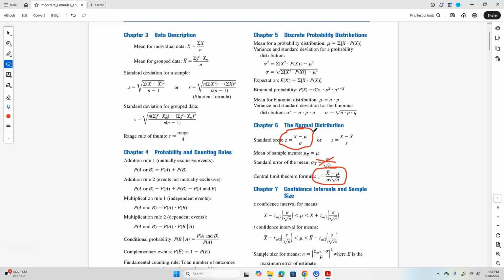So you've got your formula for your regular Z when you just are talking about an individual, and you've got your one for central limit where we've got an N. So we have a sample, and so we are going to be using the sample size in the formula to accommodate for that sample size. So we've got to put that N into the formula to accommodate that it's a sample and not just an individual. Okay, but those are both on your formula sheet. You don't have to memorize them.